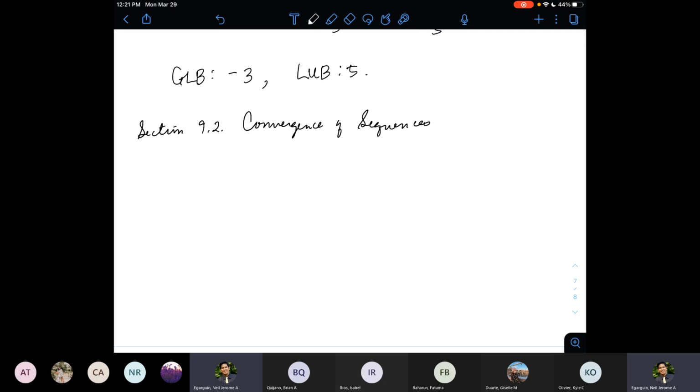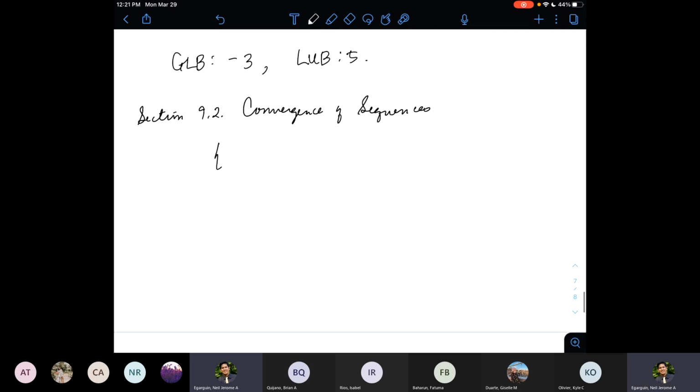But what I'm trying to say is that if you have a sequence a1, a2, a3, and so on, and as the index increases the terms approach a certain number, that's when we say the sequence is convergent.